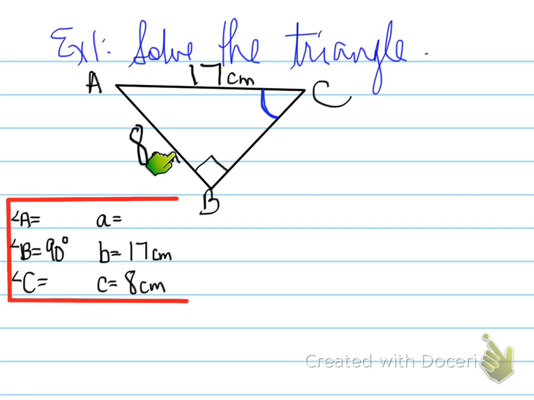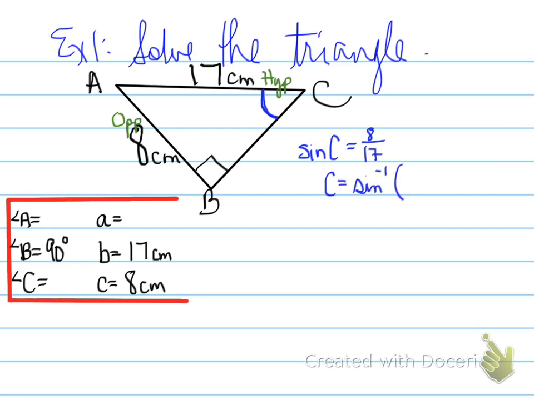Now, let's think. What trig ratio represents opposite and hypotenuse? Hopefully, you're thinking SOH. So it is represented by sine of angle C is equal to 8 over 17.